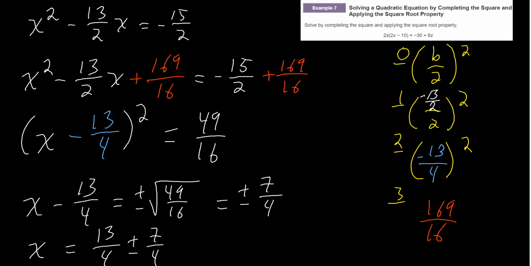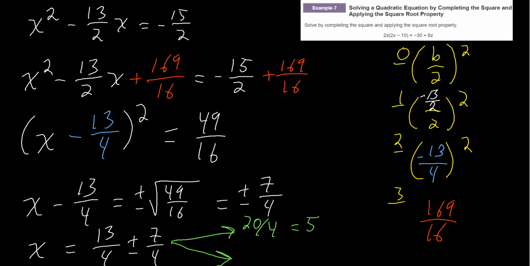And of course this does break off into two separate answers. I guess I'll go ahead and write them out. I guess that's what makes the problem so much longer. I remember those arrows, so I'm going to go ahead and write arrows. So if one of the solutions was 13 over 4 plus 7 over 4, that's 20 over 4, which is equal to 5.